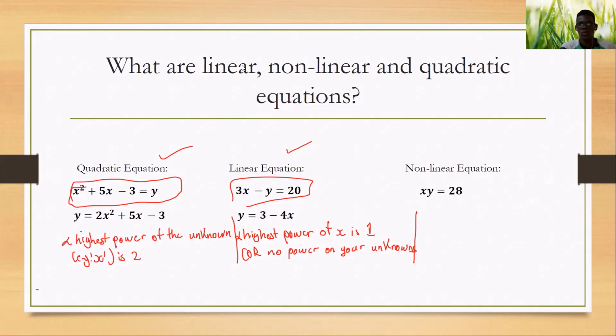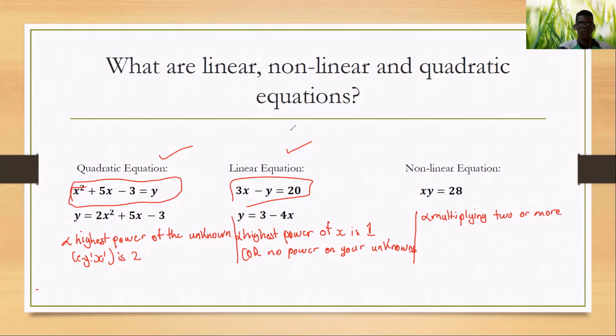But one takeaway I'm just giving you, so that you can easily remember these categories, is if you're multiplying two or more unknowns, then it's nonlinear.